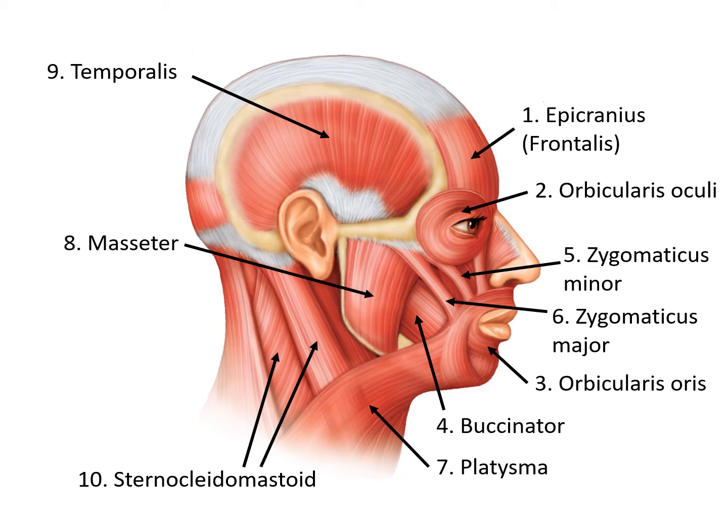The last one on this page is the sternocleidomastoid. That's my favorite muscle because it's so much fun to say once you get the hang of it. Sternocleidomastoid. The name refers to the insertions and origin. So sterno is for the sternum, cleido for the clavicle, and then mastoid for the mastoid process.